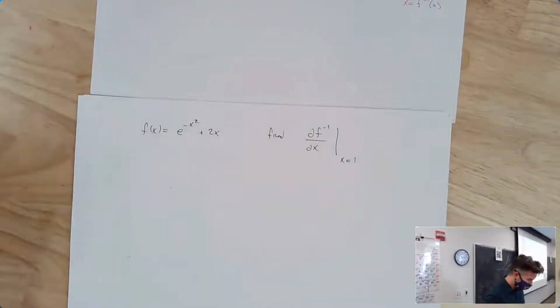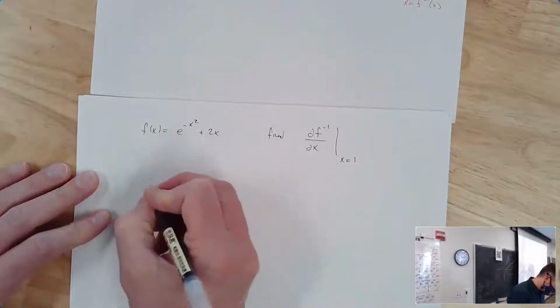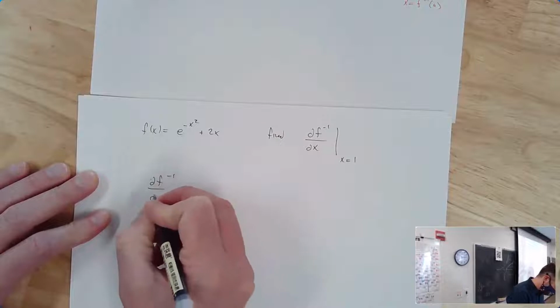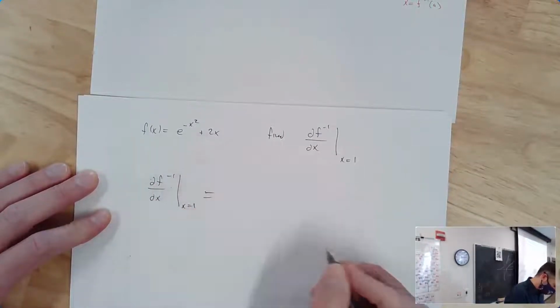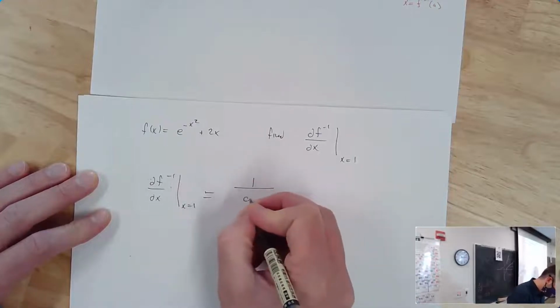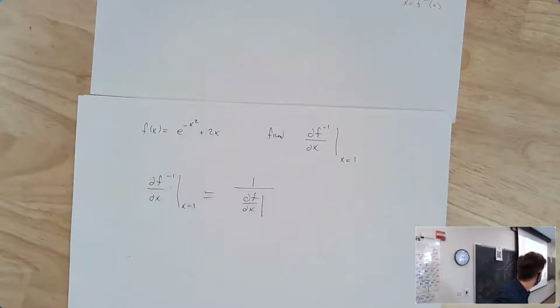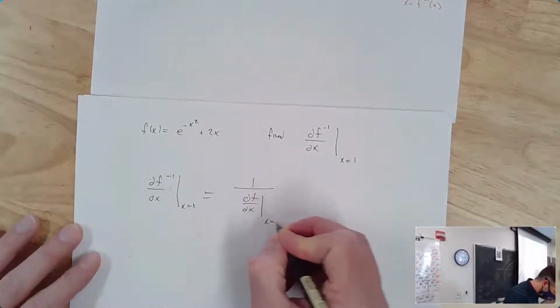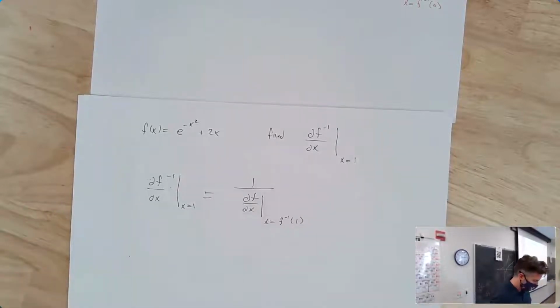And so what we're actually going to find is the derivative of the inverse evaluated at x equal to 1 is going to be 1 over the derivative of the original function evaluated at where? Someone said 0, right? It's going to be x equal to f inverse of 1.